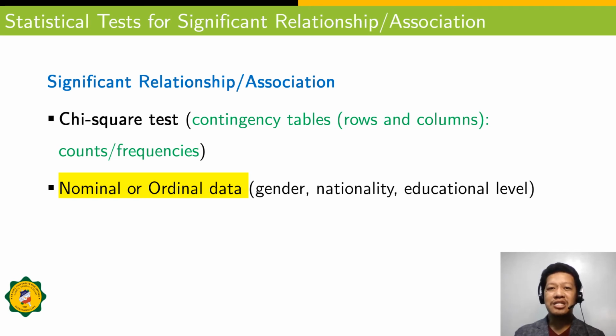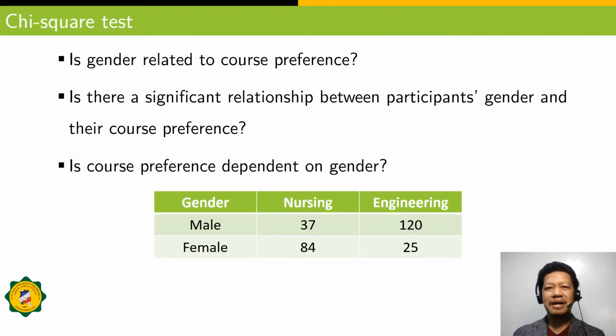And the test to be used here is what we call chi-square test. So instead of using means or averages, we are going to use here frequency or counts.